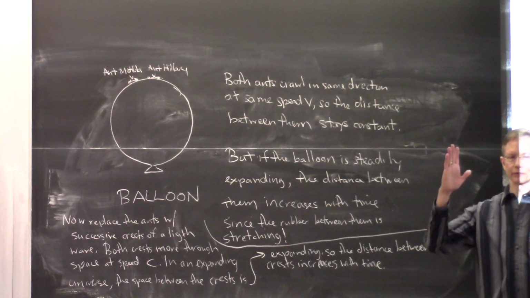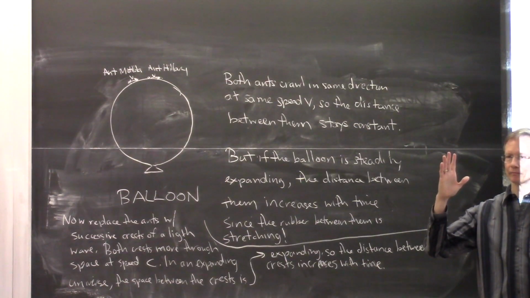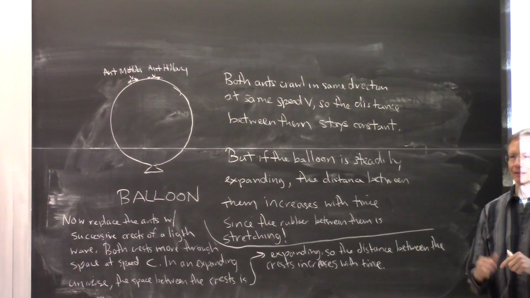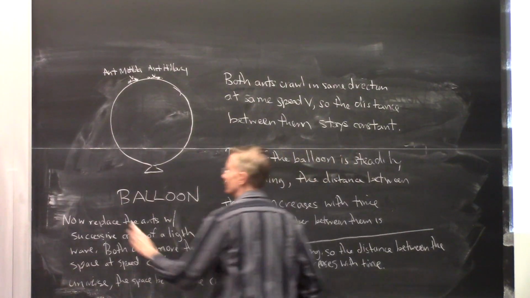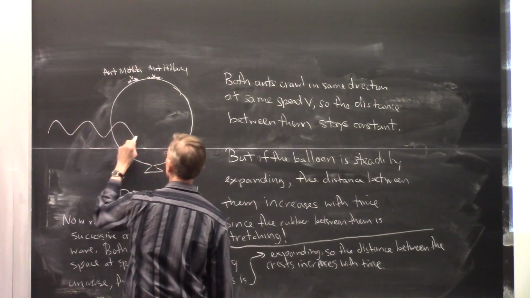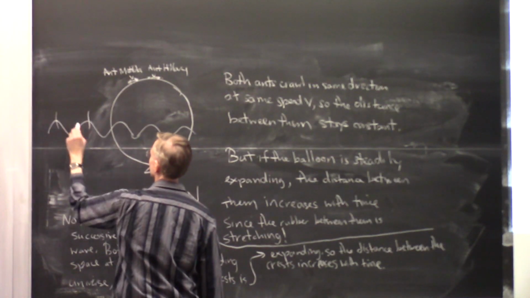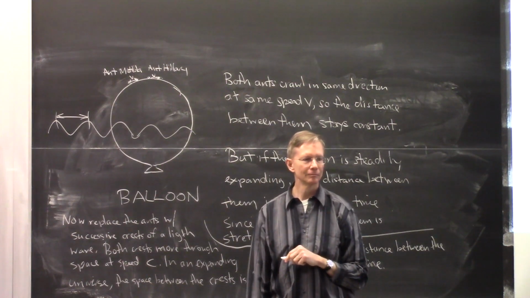But what do we call the distance between the wave crests? That's the wavelength of the light wave. The distance between crests is the wavelength.